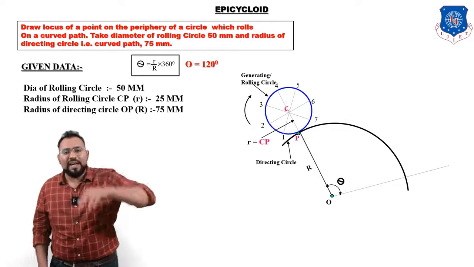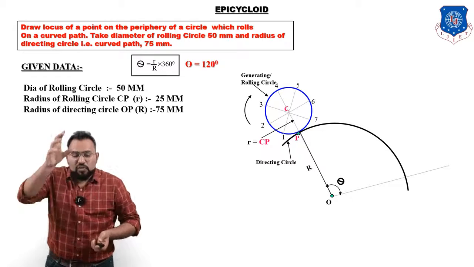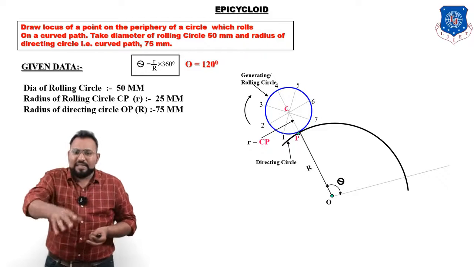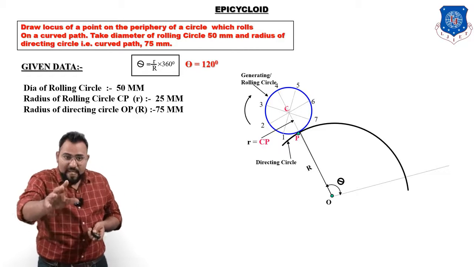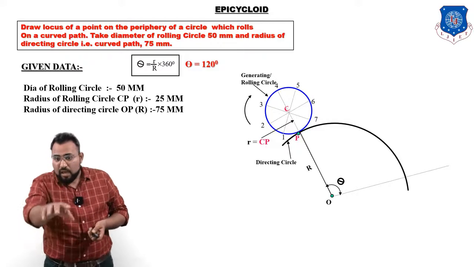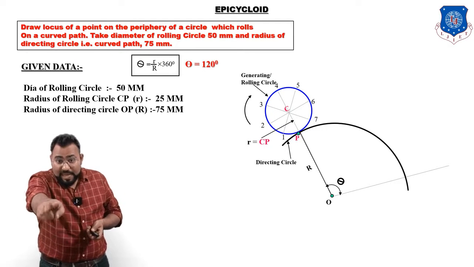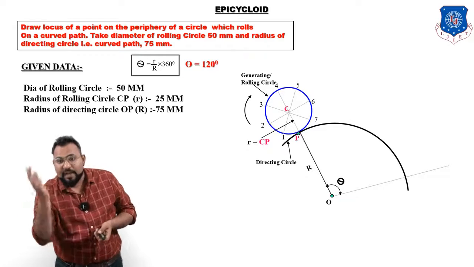So what does the value of theta show? It shows that for one complete revolution of the rolling circle, let us say this is the starting position of the smaller circle, as you can see on your screen. After 120 degrees, this theta value, not the rotation of the circle, after this theta, one complete revolution of the smaller circle will be completed.